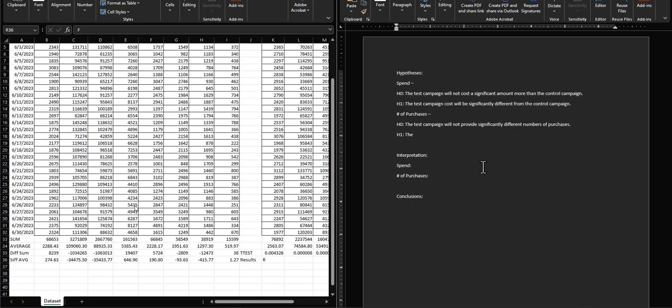And my alternative hypothesis is almost certainly single-tailed. Even though I'm doing two-tailed, I'm actually looking at a lot of different things that tell me this. The test campaign will provide significantly higher purchases.